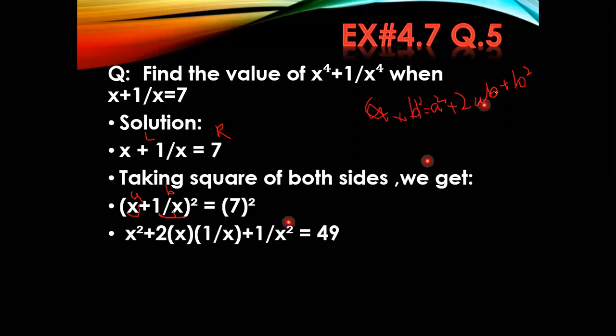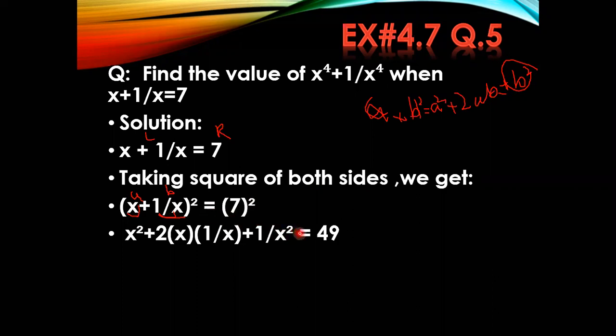Then from the formula we write a plus sign, and then we take the square of term B. Term B is 1 upon x, so what will the square of 1 upon x be? 1 upon x squared. If we take the square of 1 we get 1 only, so no need to write 1 squared. Simply write 1 upon x squared, equals to.